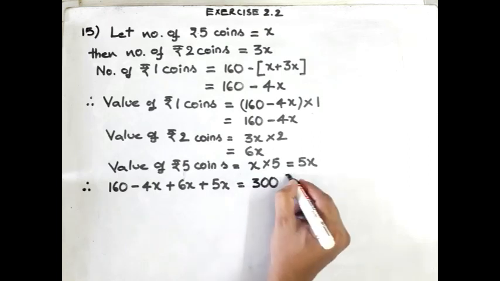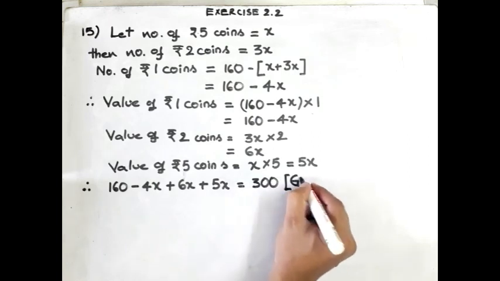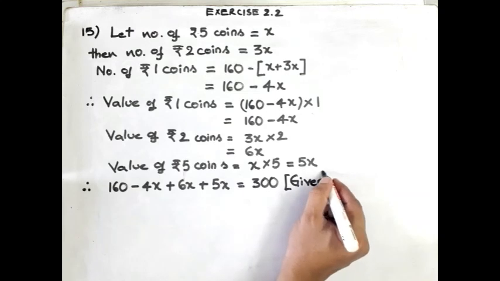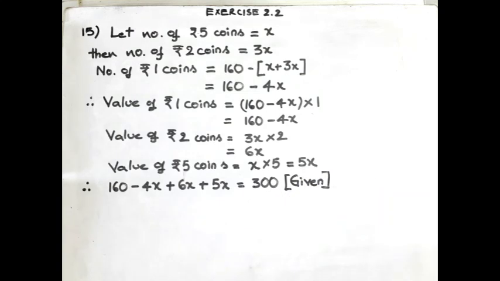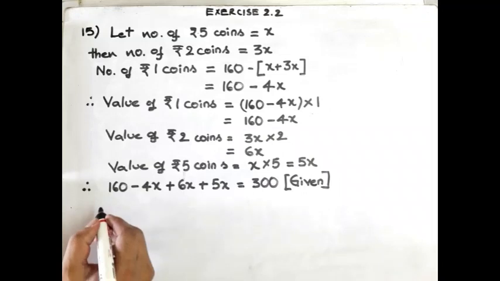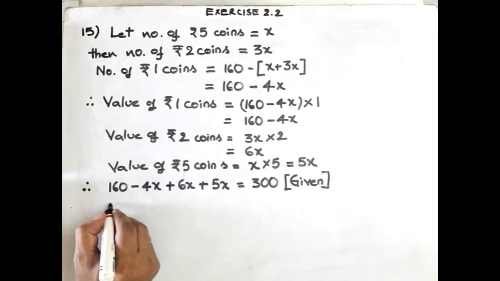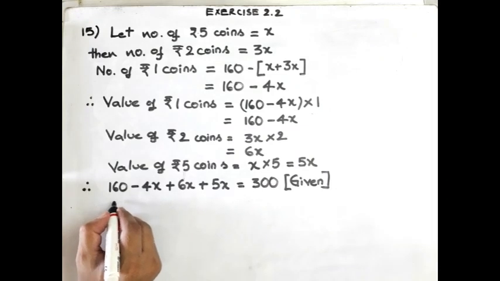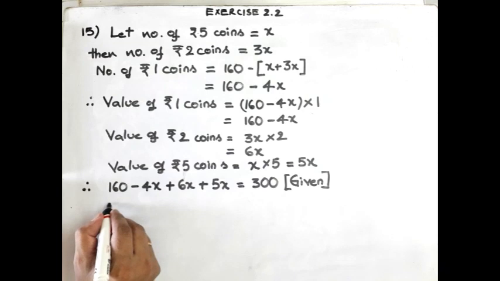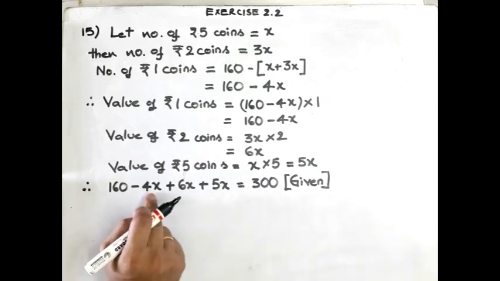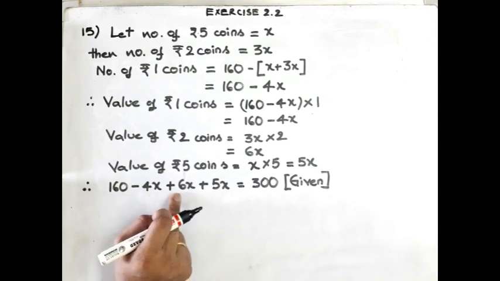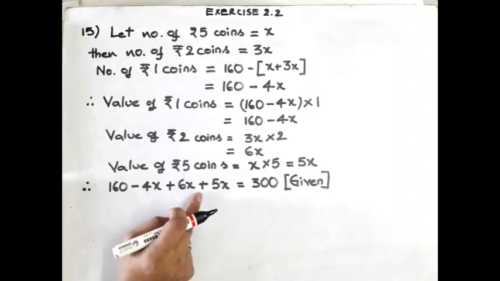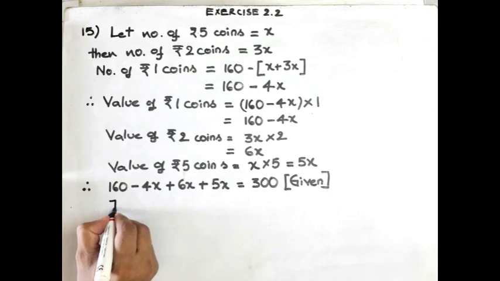Because it is already given that total cash is equal to 300. Okay, now look, which gives us minus 4x plus 6x gives plus 2x, plus 2x plus 5x is 7x.